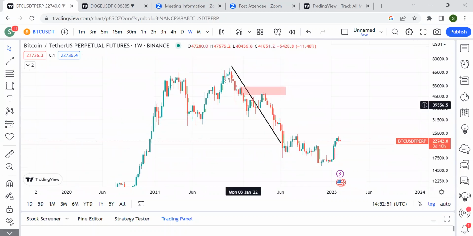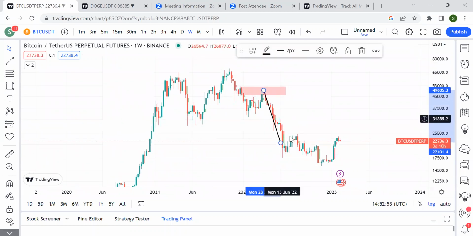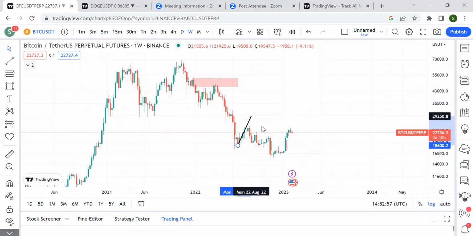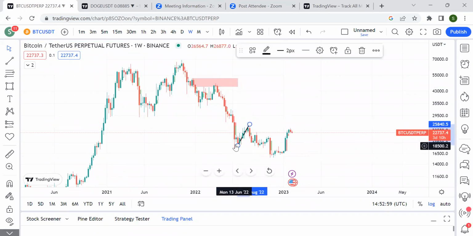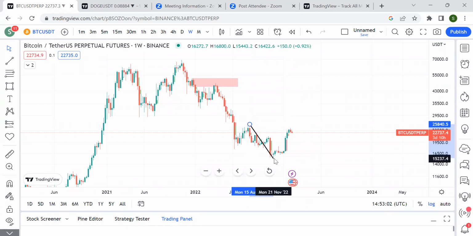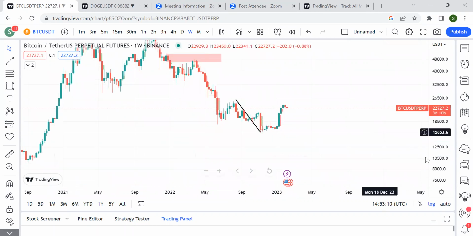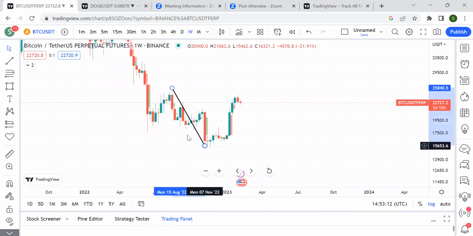So a new lower low, after that a lower high created, new lower low. We had this one. After this lower low, we created a lower high, and then a new lower low. I'm also neglecting this price action as well, so it will be really clear to everyone. If I go into this price action as well, that is our lower low.